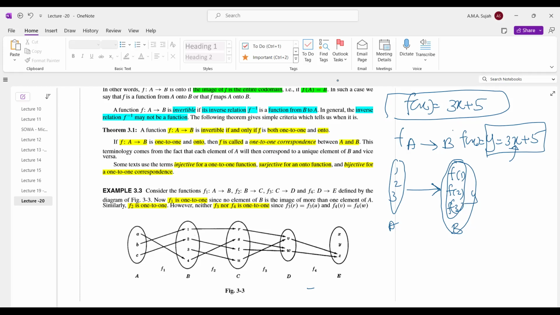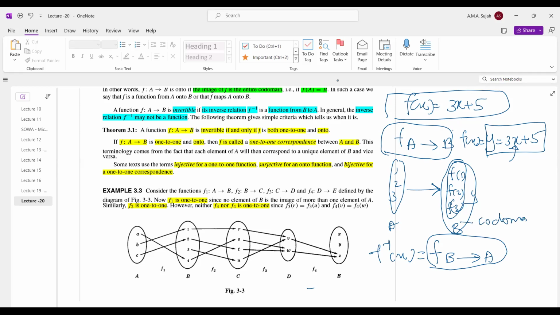If it is an inverse function, that is a function from B to A. That is the theory: if a function from A to B has an inverse function, then that function has a B to A. That is the inverse function. Previously B is the codomain and A is the domain.